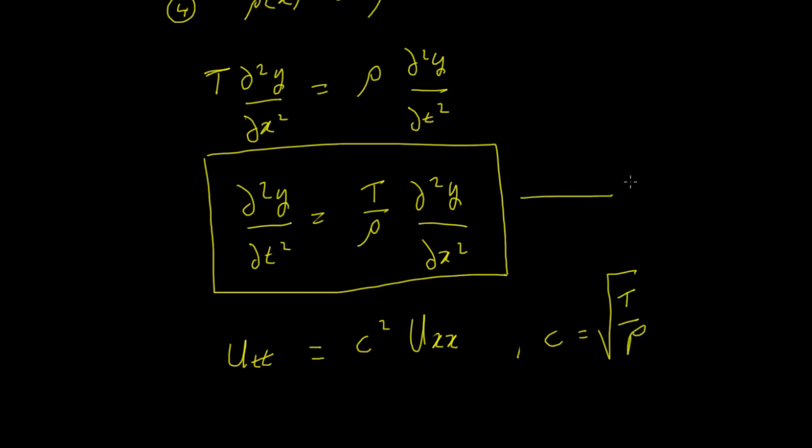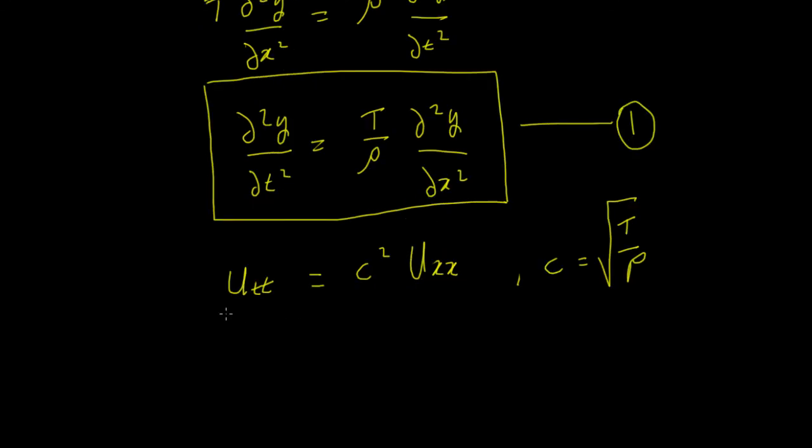But that's the derivation there. You see this cropping up all the time in physical systems, where you have a constant T, which is a measure of the springiness of the system, and the rho, which is a measure of the inertia.